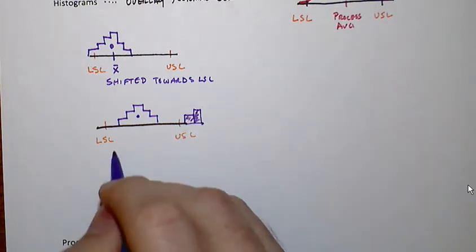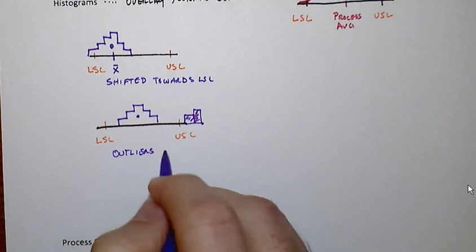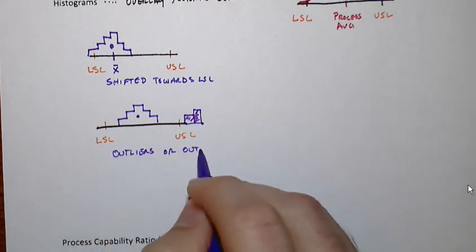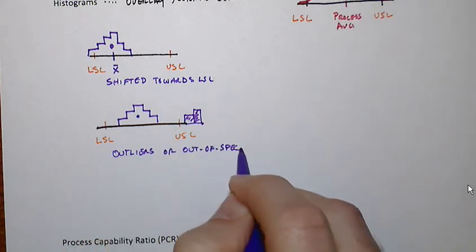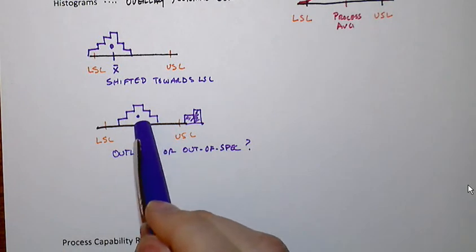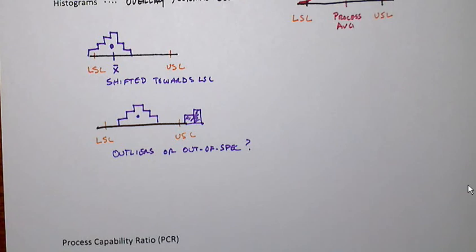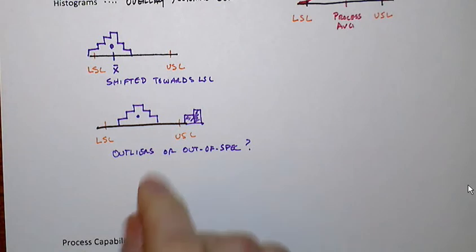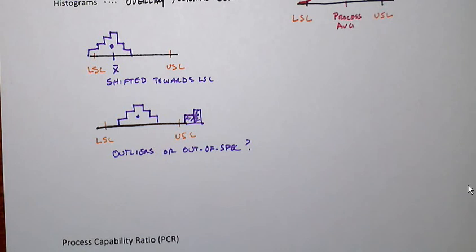So outliers or out of spec. Do we have something going on? And sometimes you even see two of these little bumps, meaning that something else has come into play. For instance, maybe raw material has changed, or you've stopped the processing, done some maintenance work, replaced a part, and the recalibration afterwards didn't quite go the way that you were anticipating. So you always have to think about how the data was collected as you're doing this.